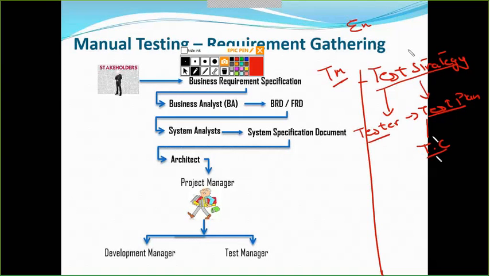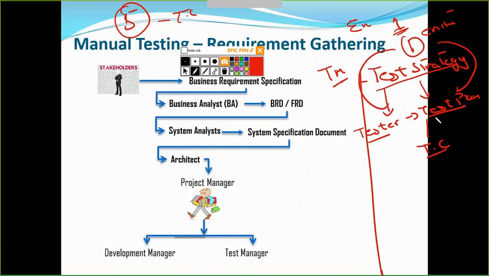Now, test strategy is a one-time document. Say you have 5 sprints. You will not prepare 5 test strategies. The test strategy is prepared for the entire project. So one test strategy is prepared for the entire project.